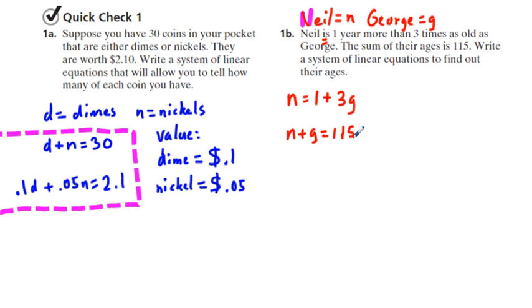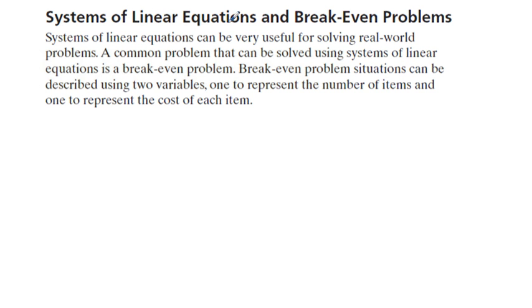One of the guys is probably pretty old. Then we can solve this system of equations. The next two lessons are going to be more involved in solving systems. This is writing systems. Next, systems of linear equations and break-even problems.